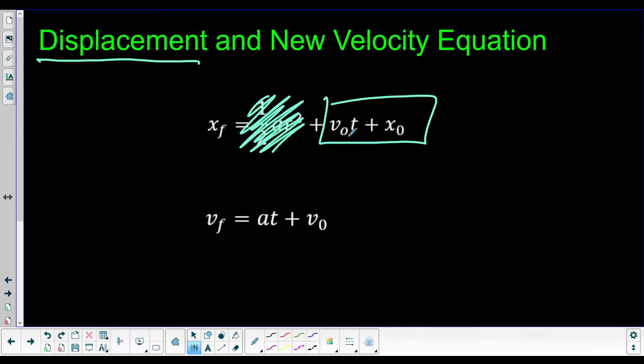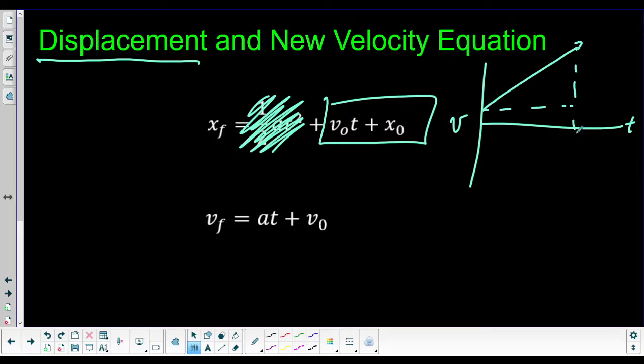This was only good for constant velocities, and we talked about that when we looked at the problem where here's your velocity, here's your time. When we looked at this problem, we could do it graphically by finding the area of this little rectangle and the area of that triangle and adding them together.